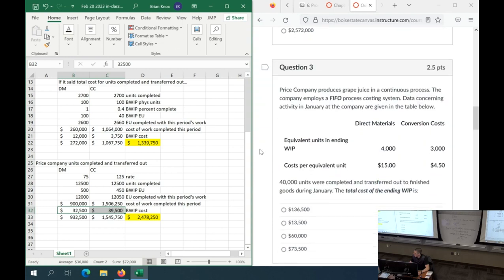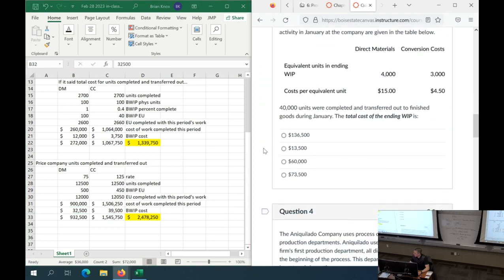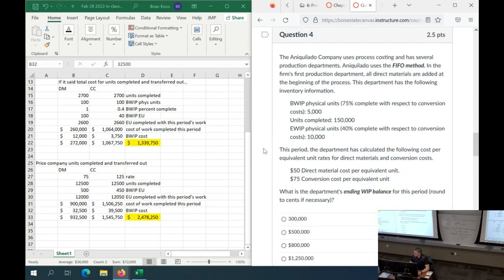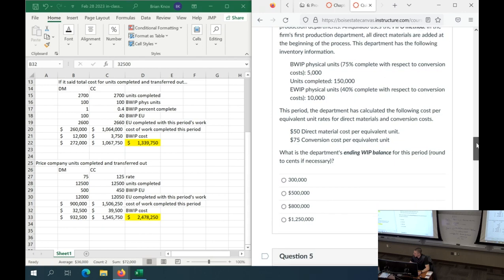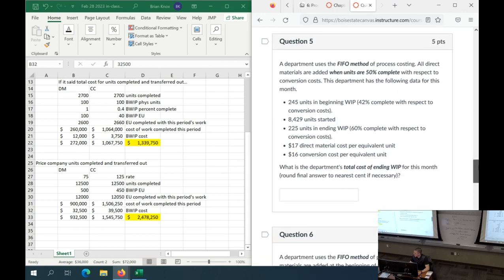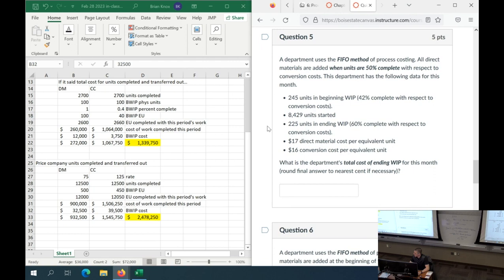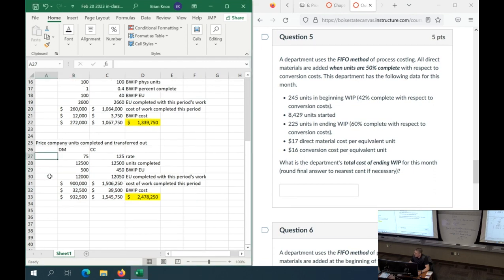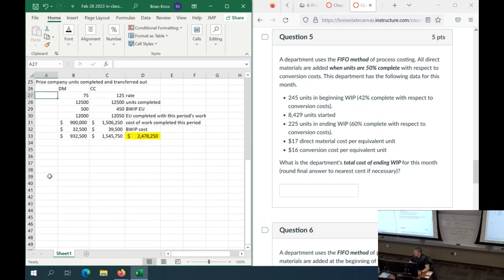All right, let's roll on down. Okay, we did an ending WIP cost. We'll skip that for now. I kind of want to jump over to some open answers. Didn't take very long. Okay, so this is an ending WIP question.